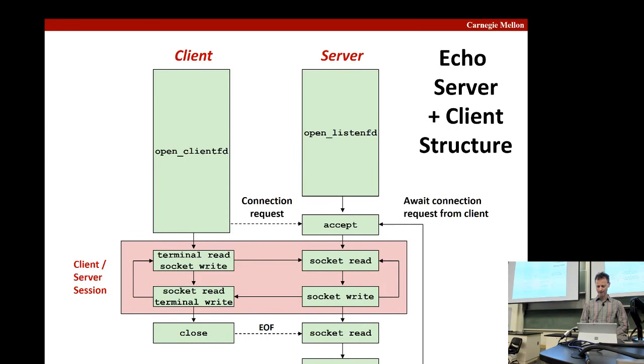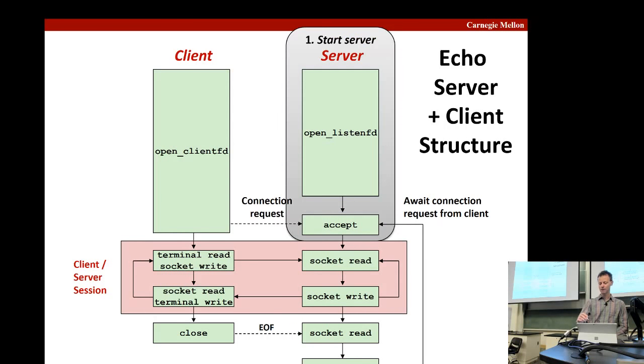Pictorially, what's going on is what happens to the client and what happens to the server. The first command started up the server code, and the server got ready to accept client requests.